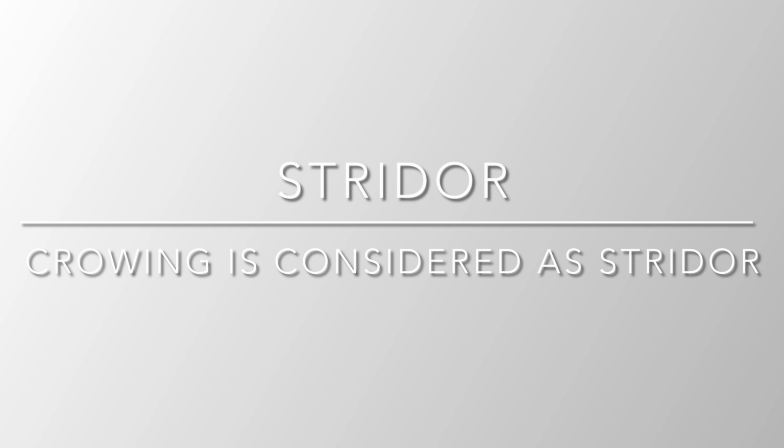Just take a moment when I play each one of these: snoring, crowing, gurgling, and stridor. Signs of a blocked airway: abnormal upper airway sounds, stridor, snoring, crowing, or gurgling.